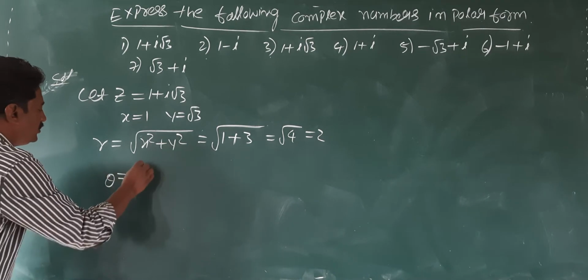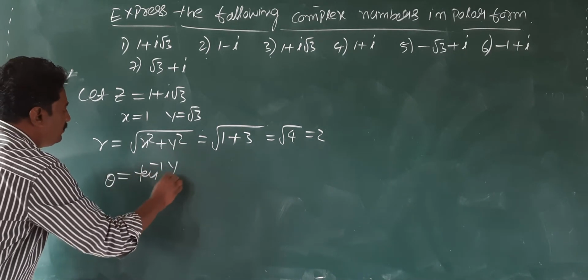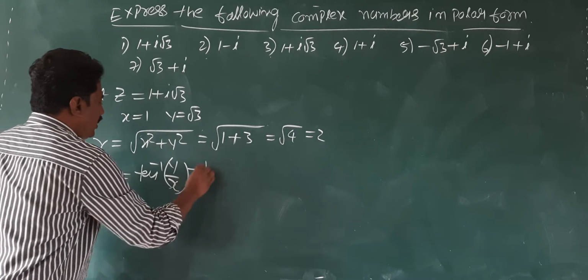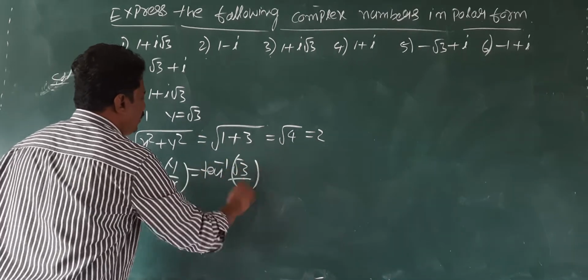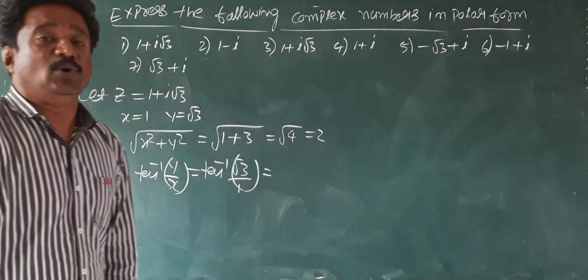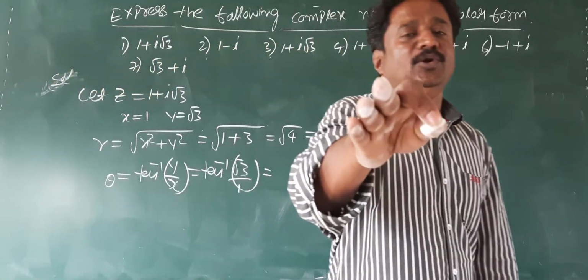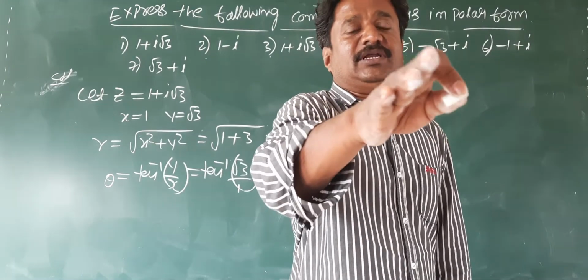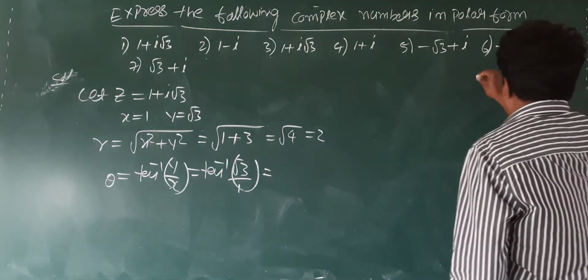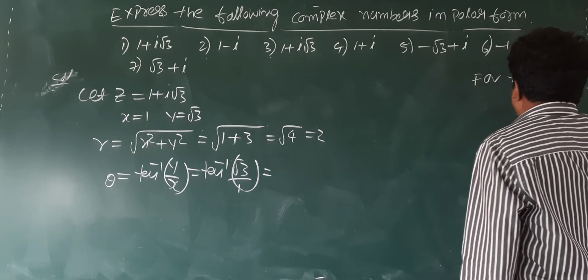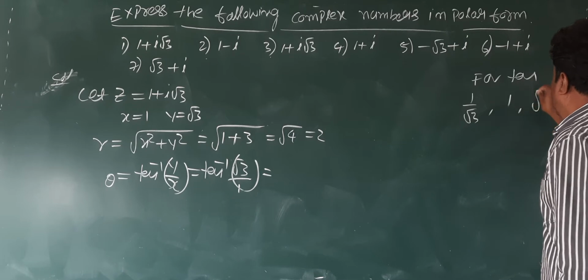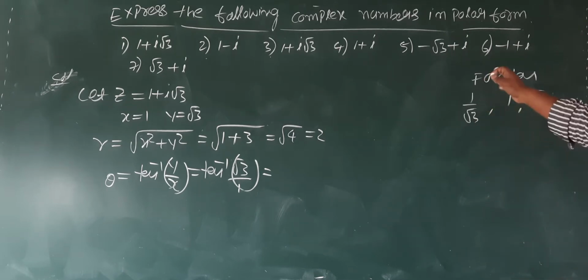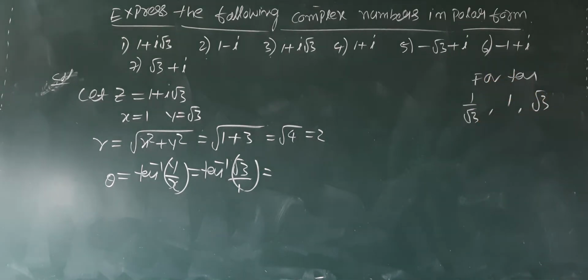Now let us find theta. Theta equals tan inverse y by x. So tan inverse of y, which is root 3, and x is 1. Tan inverse root 3. I already told you to remember these three numbers related to tan: 1 by root 3, 1, root 3. Remember these three numbers for tan.